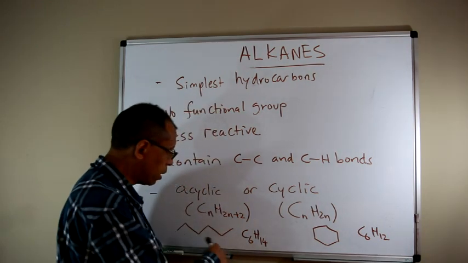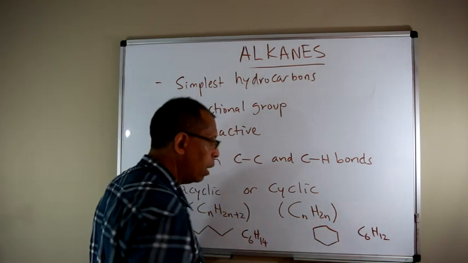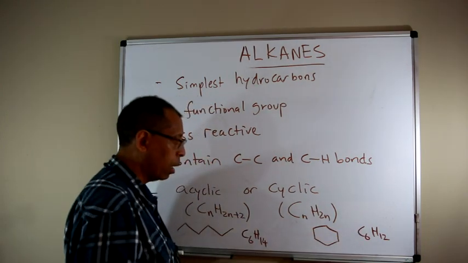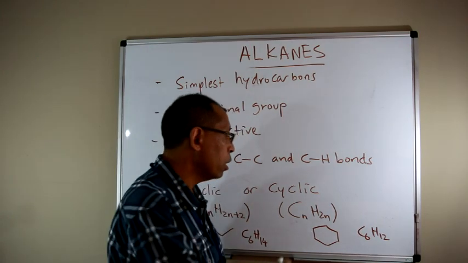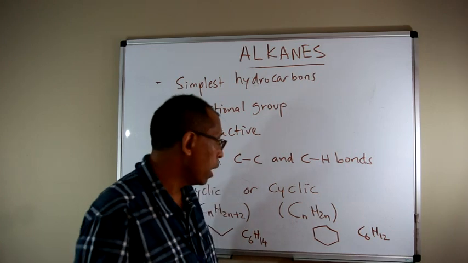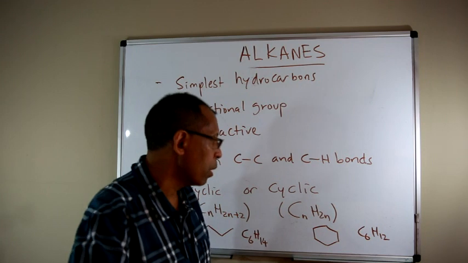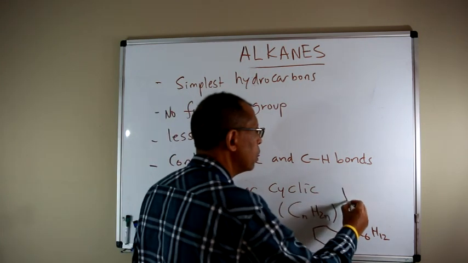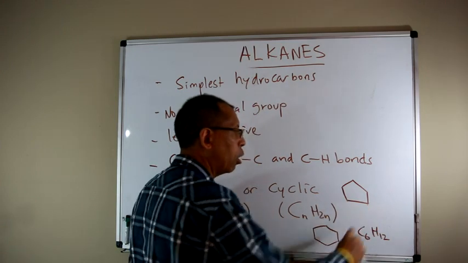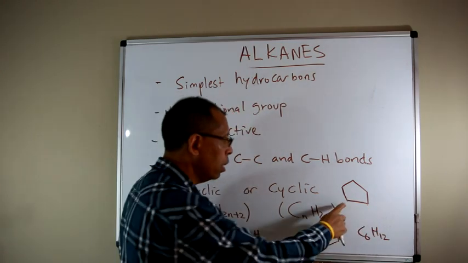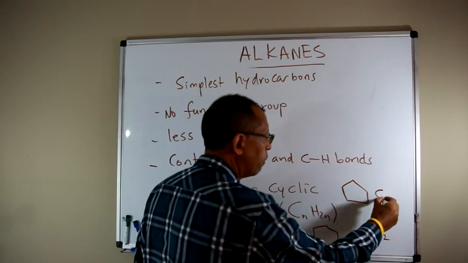C6H14 is hexane, an open chain, and here is a cyclic compound, a hydrocarbon, which contains only carbon and hydrogen, always defined by CnH2n. For example, if you have a 5-member ring like this, a cycloalkane called cyclopentane, this is 1, 2, 3, 4, 5 carbon, C5.